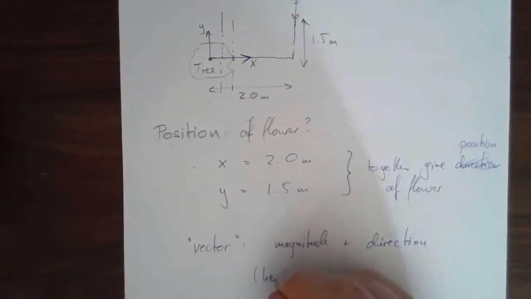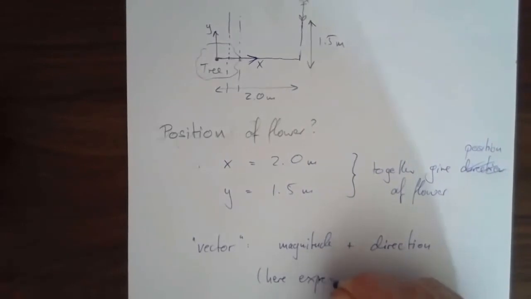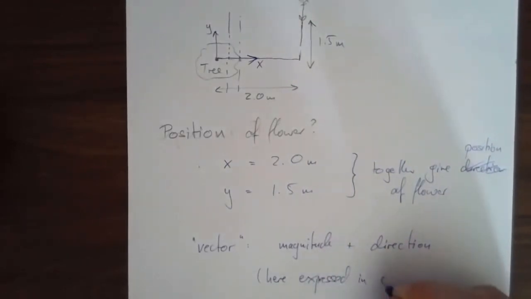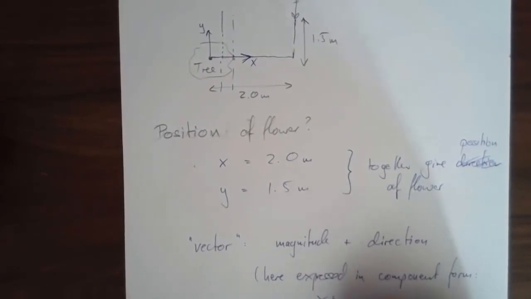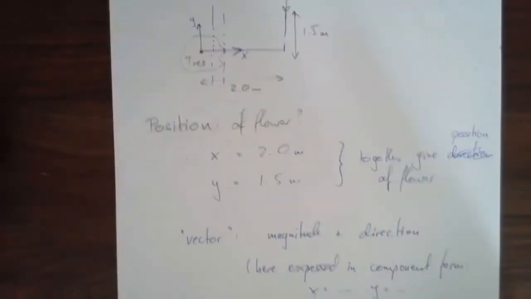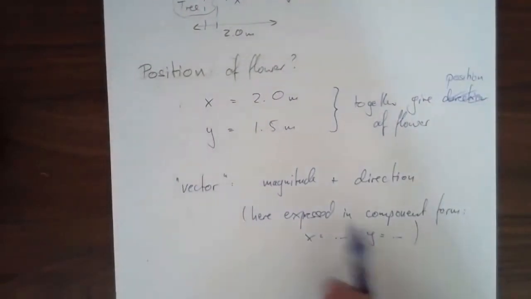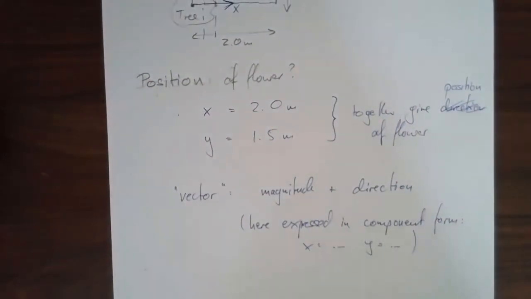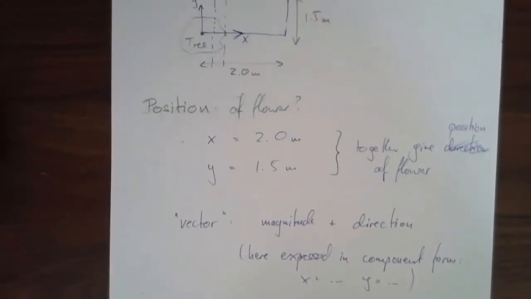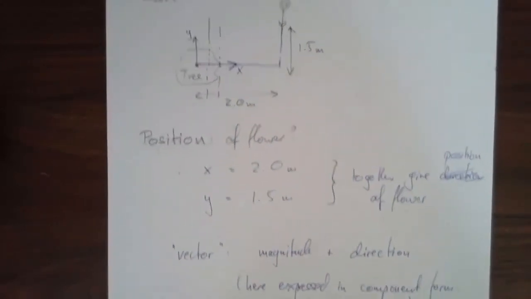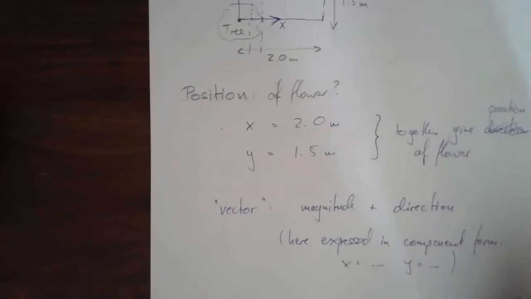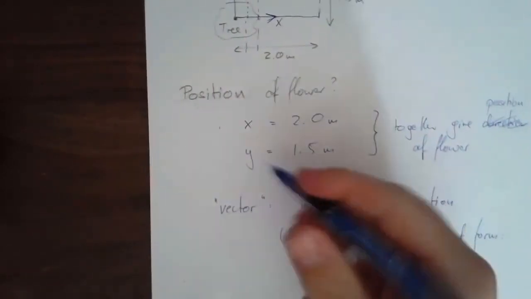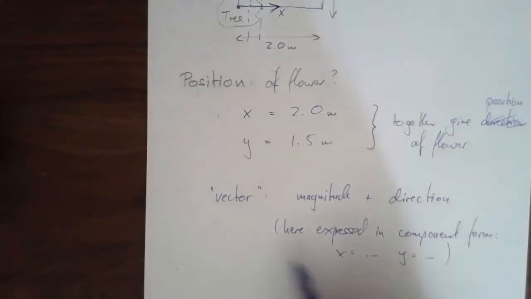And here this has been expressed in what's called component form, meaning x equals, y equals, and so on. Right? So that's what you mean by component form. You could also express it literally as a magnitude and a direction. Magnitude meaning how big is it, right? So another way to denote this would be to say, well, how far is the flower from the tree? Let's call, so the position is the vector. We're going to talk about vectors more in a little bit in one of the follow-up lectures.